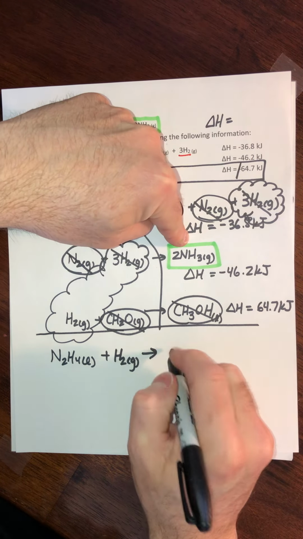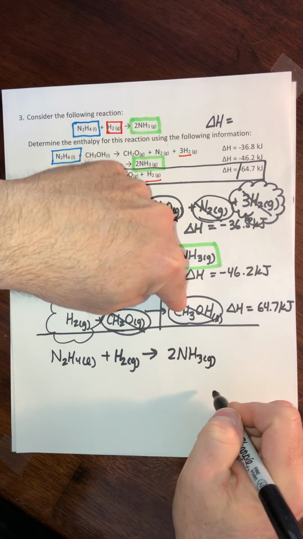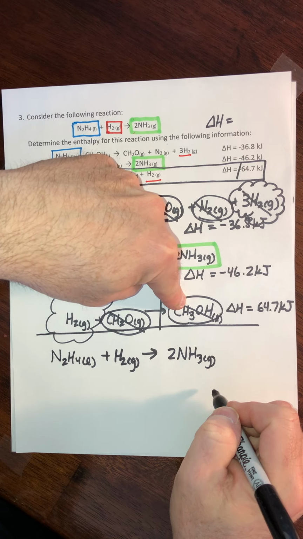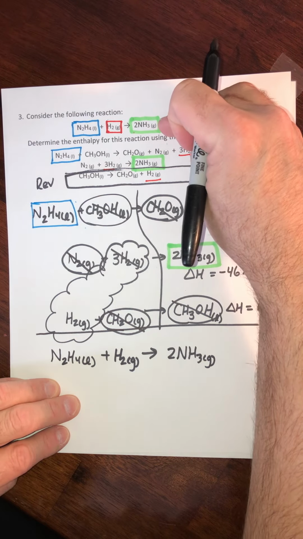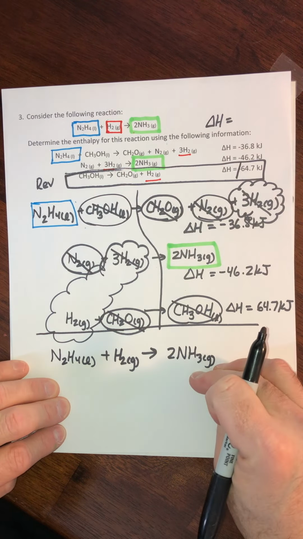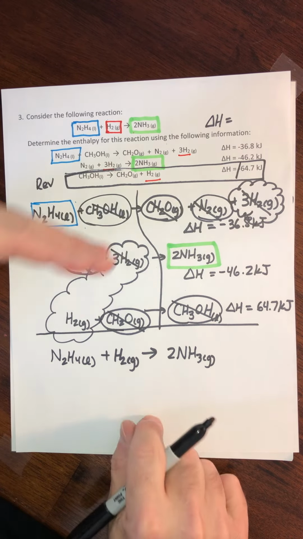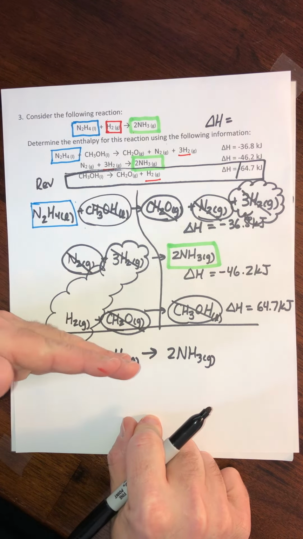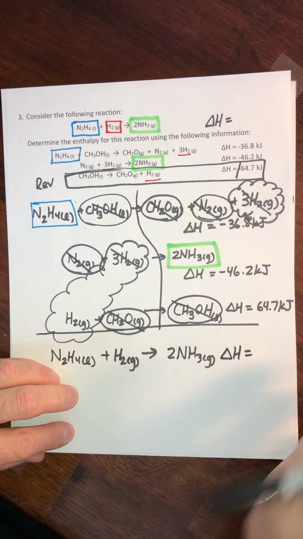I still have this, so 2NH3 gas, and this one's also canceled. If we look at what we've got left down here versus what we were aiming for, you can see that we have the exact same thing, right? We have achieved the target equation.